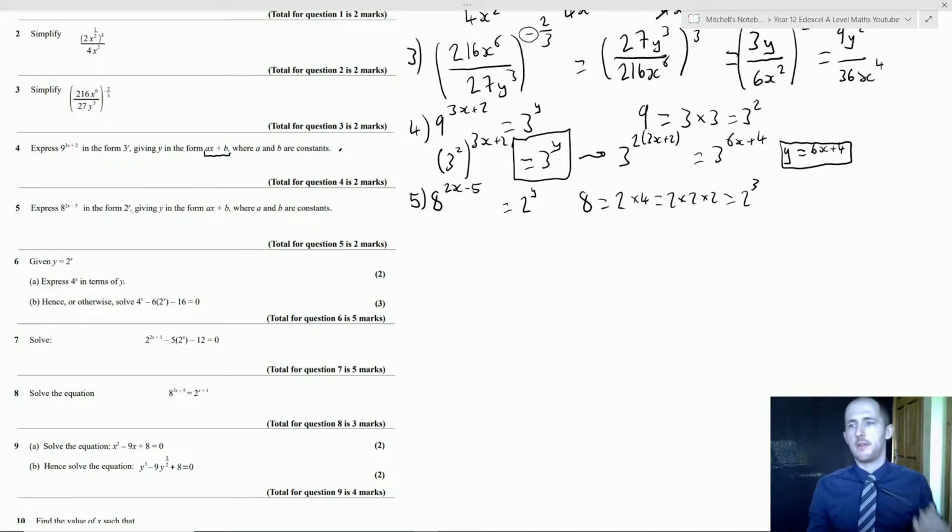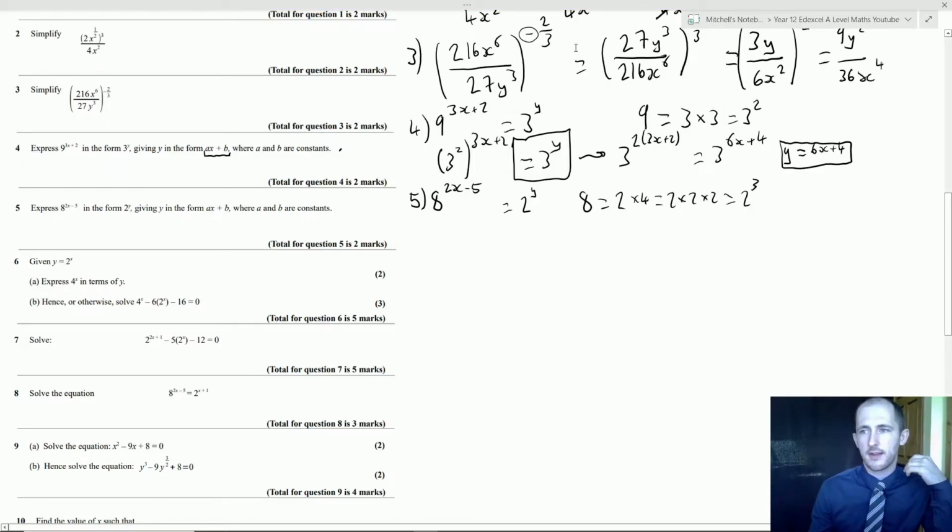So you know how in the previous part I said that since you have a calculator, this kind of thing doesn't matter, right? Like you can find the cube root of 27 and then you can square it on a calculator. The problem is knowing your square and cube numbers is really important, because like in this question, what would you put in a calculator to work that out? There's nothing you can put in. It's relying on your knowledge and your ability to see that 8 can be written as 2, in terms of 2.